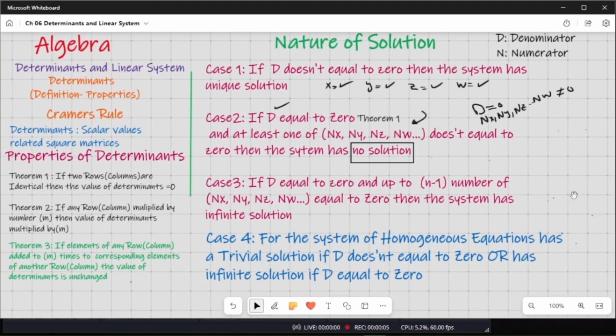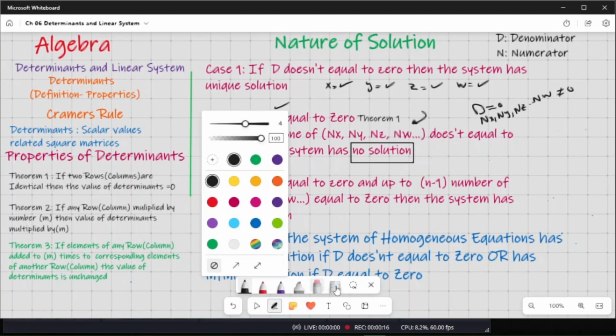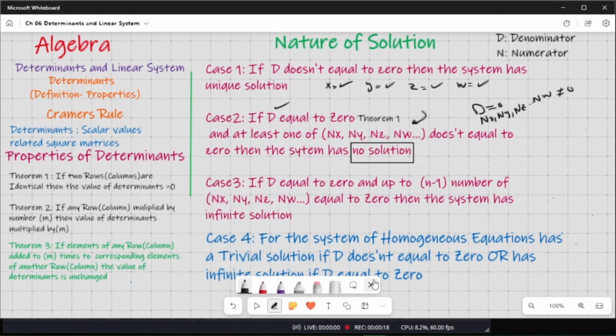Okay, case 3, if d equal to 0, and up to m minus 1 of nx, ny, nz, and nw equal to 0, then the system has infinite solutions.